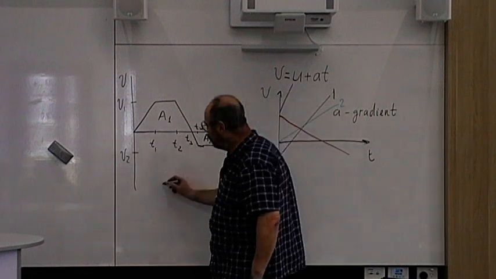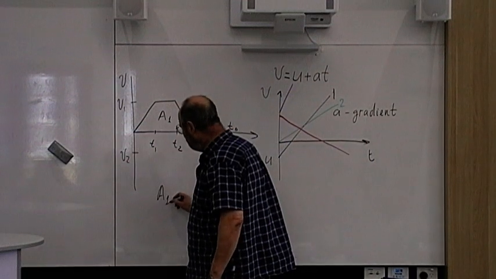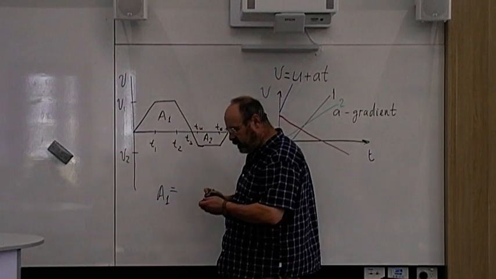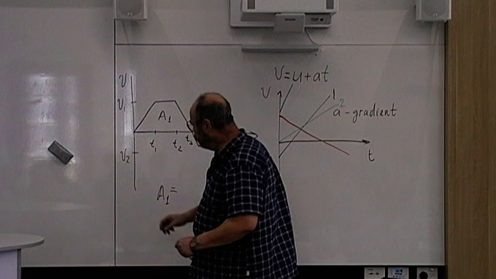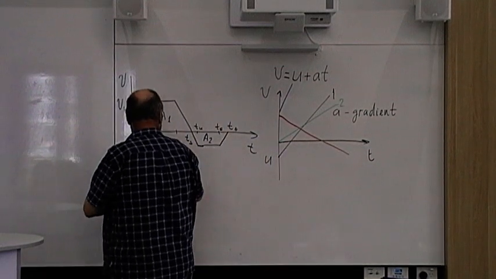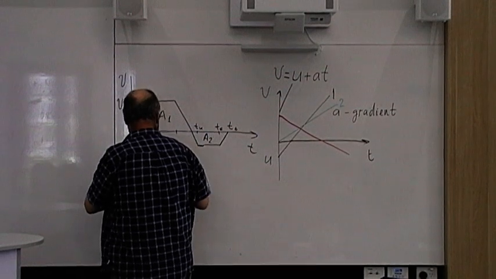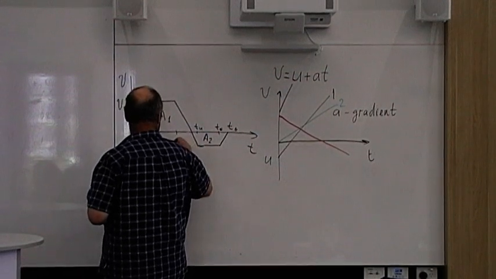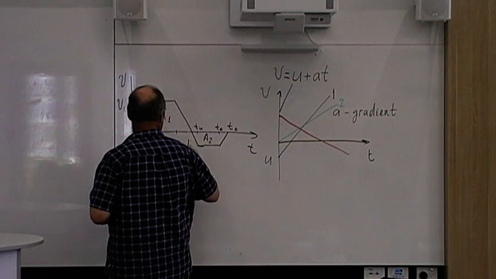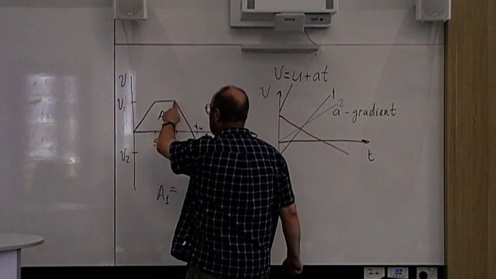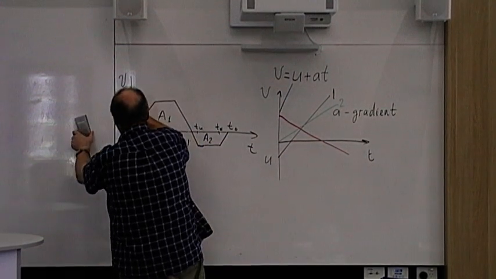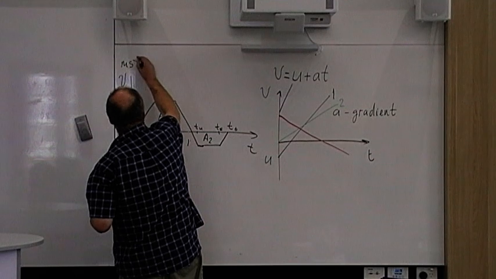So A1. To make it easier, I'll put numbers here. Let's say this is 5, and this is 10 meters per second.